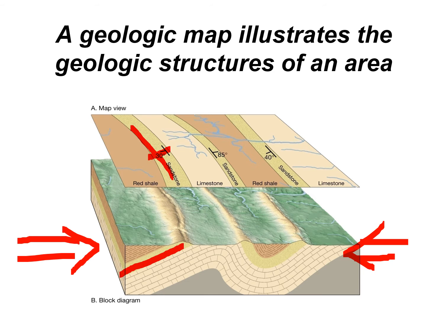Over here, it's dipping towards the right at 85 degrees. And then there, it's dipping the other way again at 40 degrees. So on the map view, we're adding in additional symbols like this here and here and here to show which way things are dipping down, and we call those strike and dip symbols.